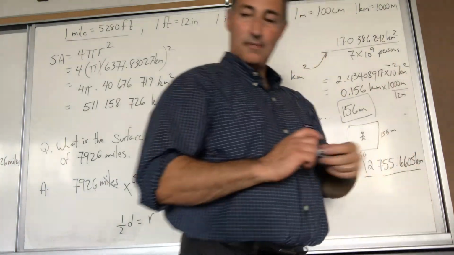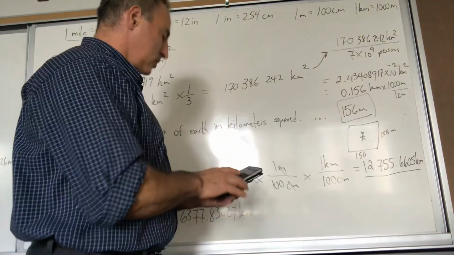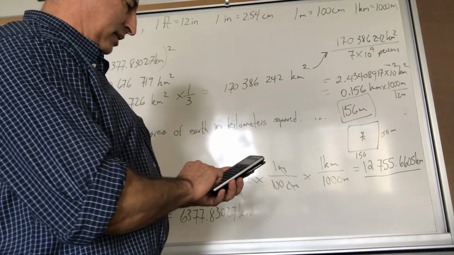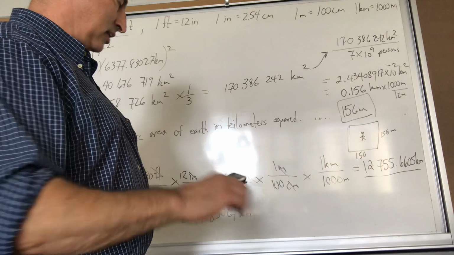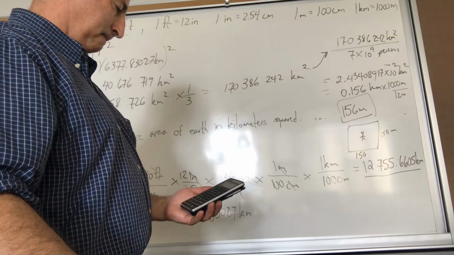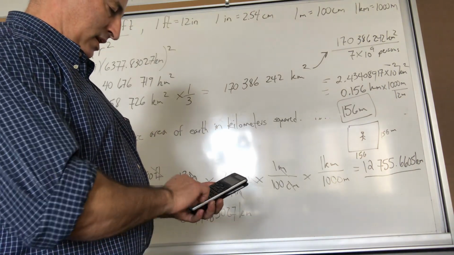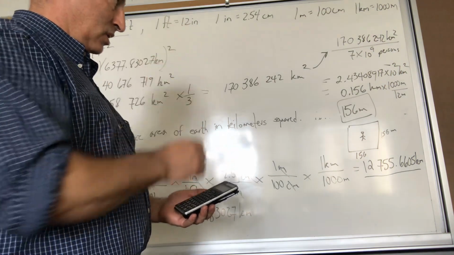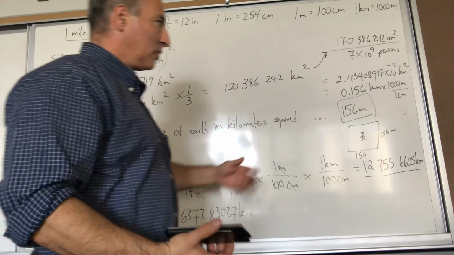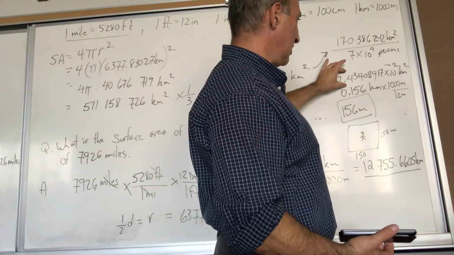There's a -2 there. So 170,386,242 kilometers squared divided by 7 times 10 to the 9. Yeah, to the -2. So that's what would be the area of the parcel of land that you would get.